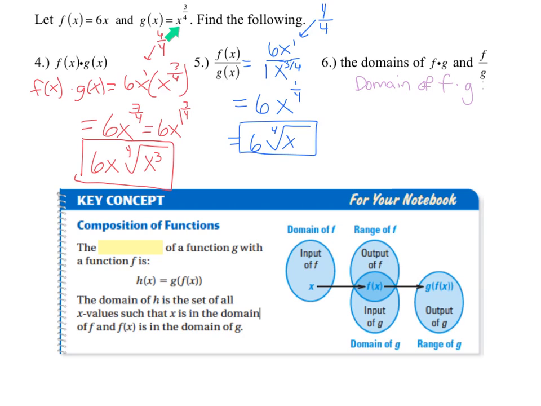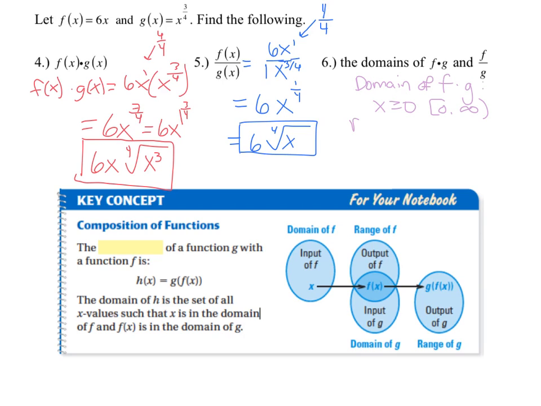This one, though, we've got a 4th root, and anytime we have an even root, if we want a real answer, we have to have positive values under here. So we would need x to remain positive at all times. So the domain x has to be greater than or equal to 0, or from 0 to infinity, because of that fourth root. A fourth root is like a square root. We can't have negative numbers in here if we want to get a real actual answer.